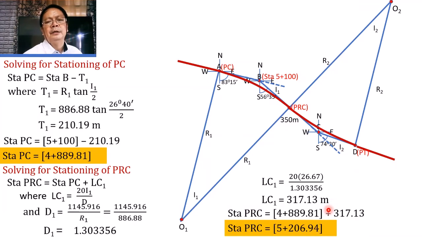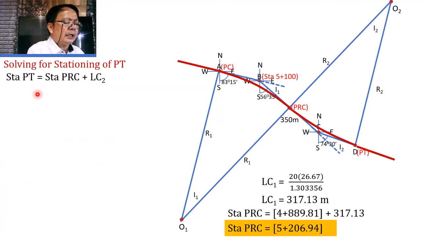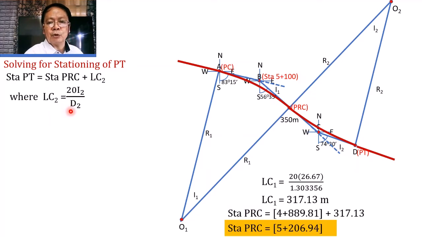Now finally we can solve for the stationing of the PT, where the stationing of the PT can be solved using the stationing of the PRC and the length of the second curvature. Our length of the second curvature, again using the chord basis, we shall have 20 times I sub 2 over D sub 2. We are given I sub 2, and we have also computed D sub 2, which is equal to D sub 1 because R1 is equal to R2.